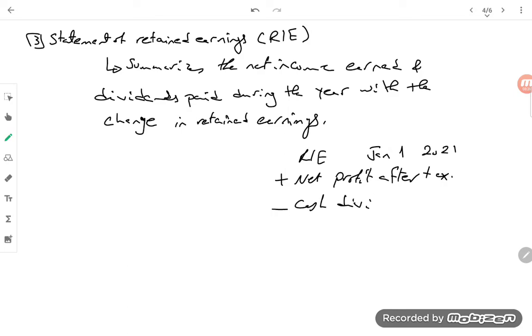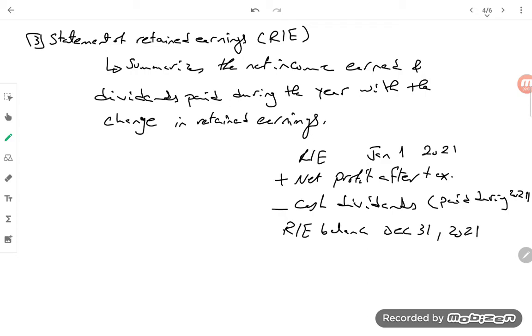Cash dividends. And then we have to find the closing or the end of year retained earnings balance. So this is the retained earnings statement.